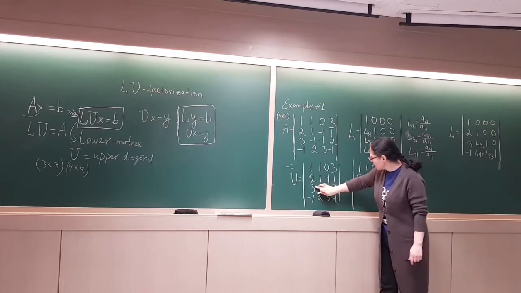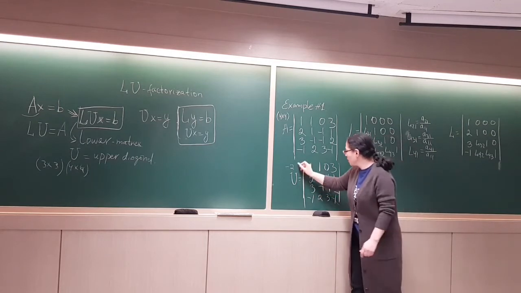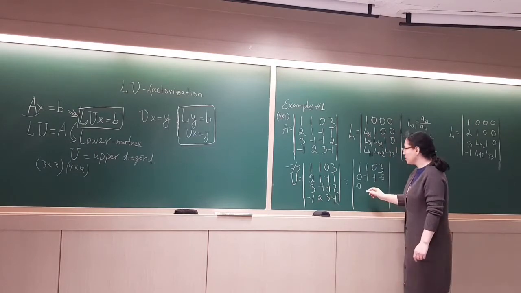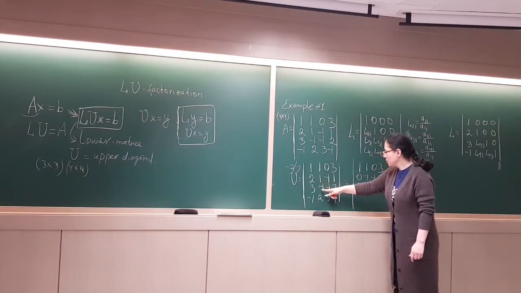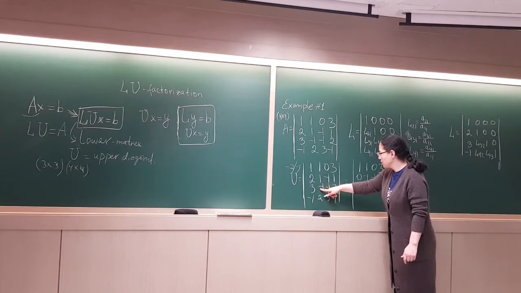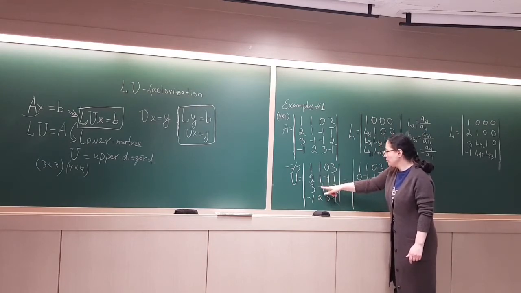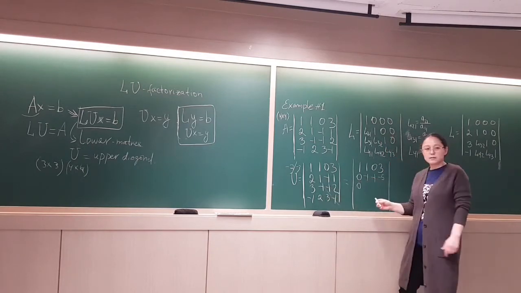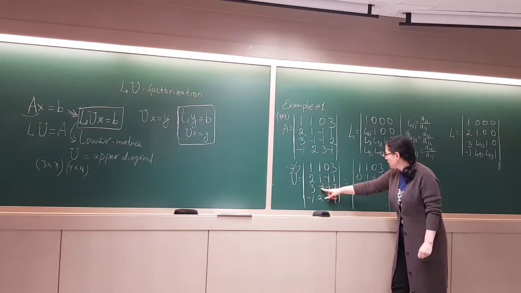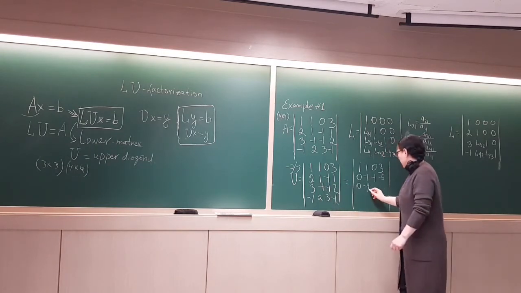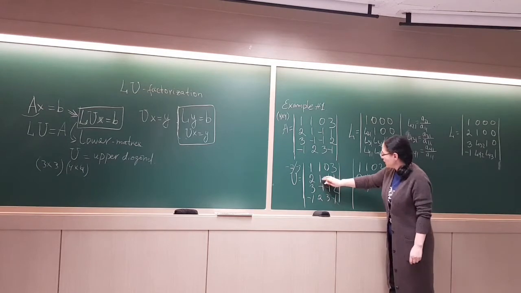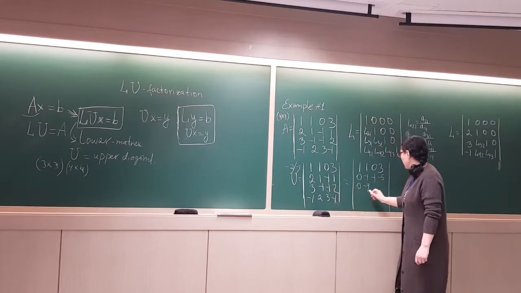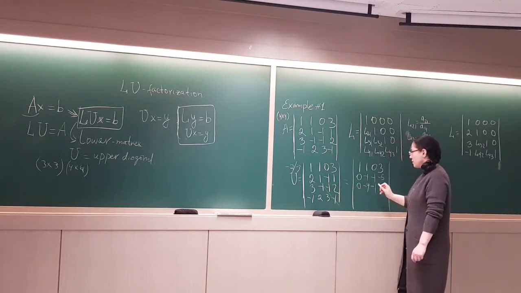For the third line, we need to make minus 3 a 0: 0, minus 4, and so on. And this must be minus 1, right?